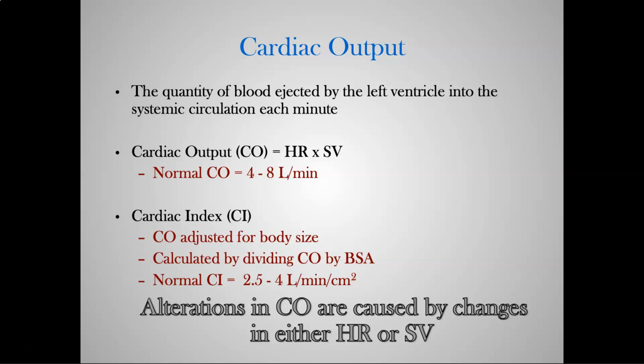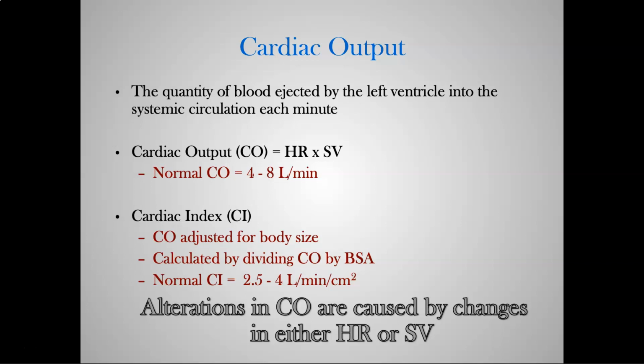But we have our cardiac index. Cardiac output is adjusted for body size, so we calculate it by dividing cardiac output by body surface area. Now, I'm not expecting you to get body surface area. There are calculations for this in the hospital setting, but we do have people coming in and we do calculate their BMI and their BSA.